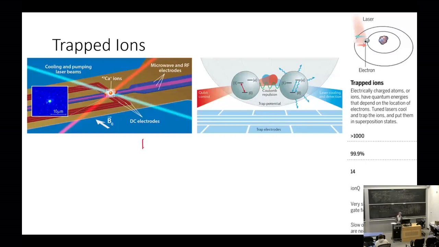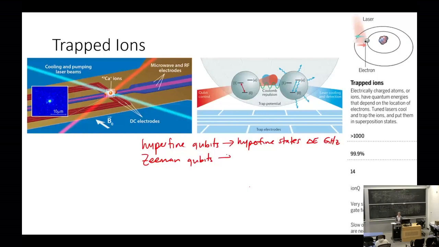You can create hyperfine qubits, and here the qubit states are hyperfine states of the ion separated by an energy splitting of gigahertz. You can also look at Zeeman qubits, and here the qubit states are magnetic sublevels split by an applied field, and they typically have megahertz frequencies.